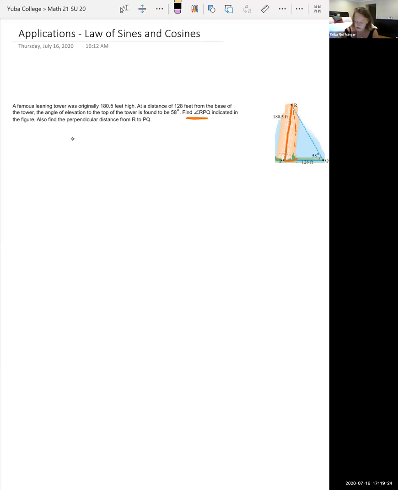Okay, so we already know a couple of things. We know that this right here is 180.5 feet, and then right here, this is 128 feet. And this angle across here is 58 degrees.